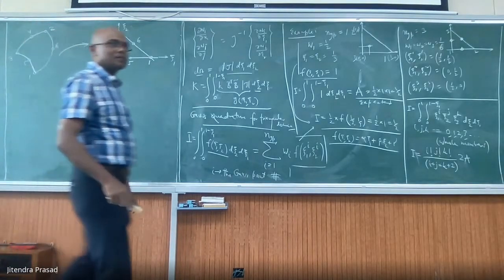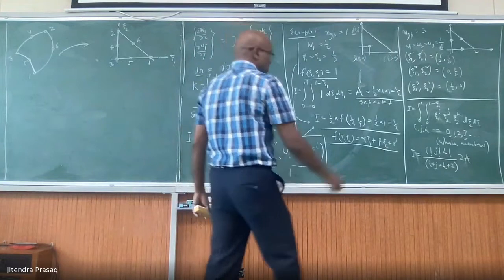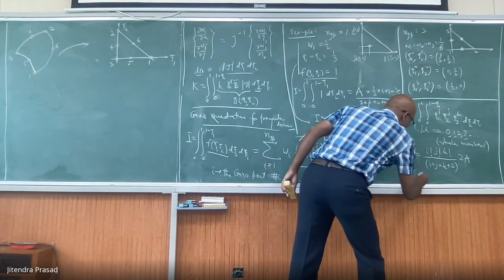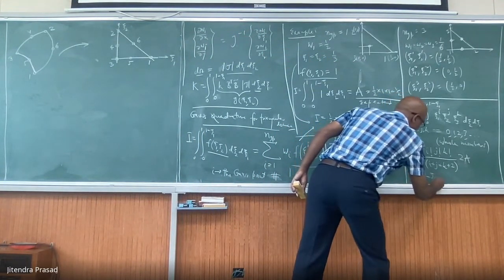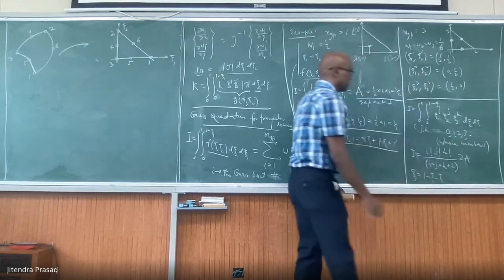Okay, so this is also handy. You can use that. You know that in this case, xi3 is equal to 1 minus xi1 minus xi2.